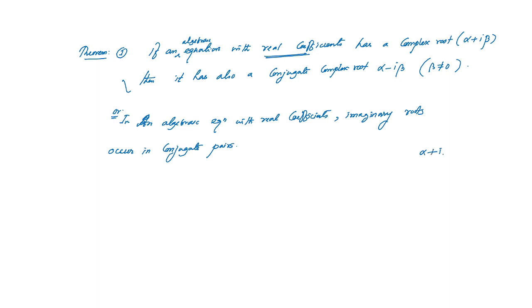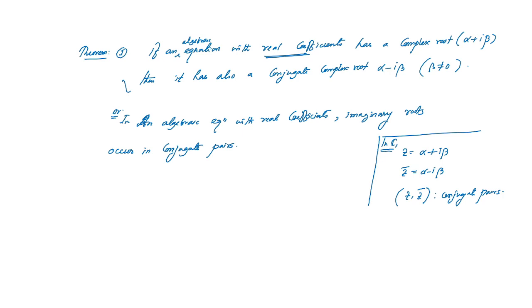That means alpha plus i beta, this is the root z. So z bar, what is the conjugate? Alpha minus i beta. So z and z bar are the conjugate pairs. That we know from the complex number concept.